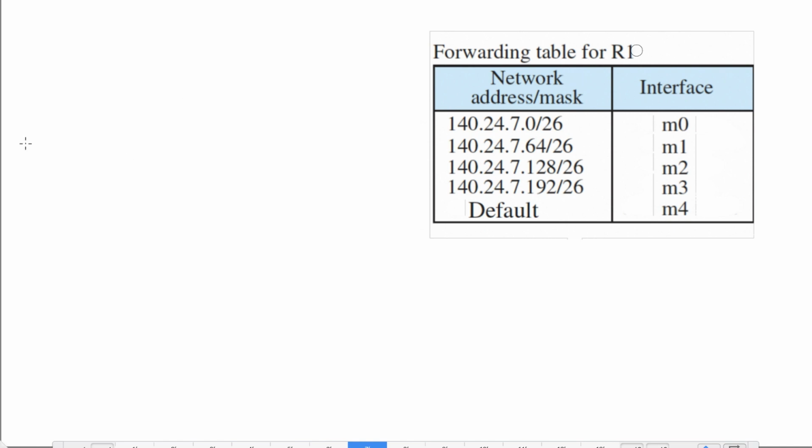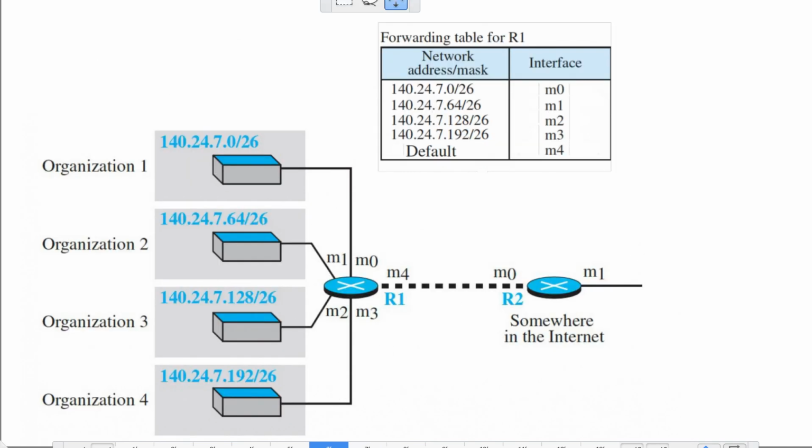This is the routing table for, let's suppose, R2, not R1, and let me modify it a little bit. There will be only two interfaces, M0 and M1. This is R2. Let me also copy this.